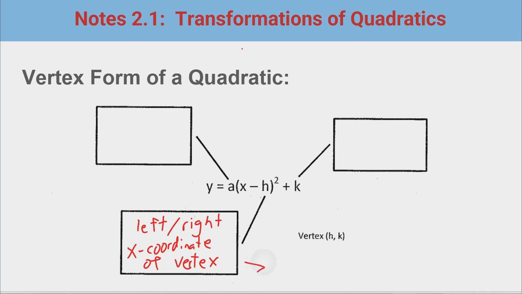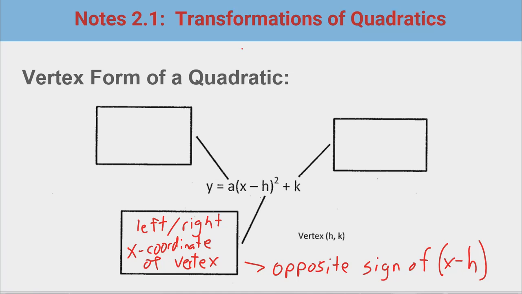It's important to note that it is the opposite sign of what is in parentheses. Okay, so what is in parentheses? It's the opposite sign, and we're going to look at some more examples of that in a moment.